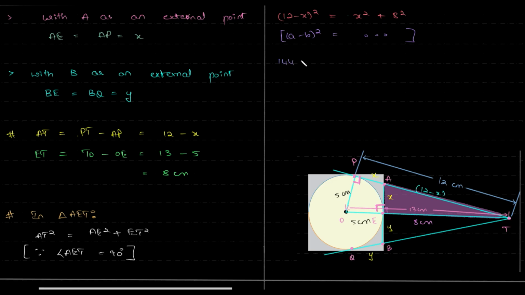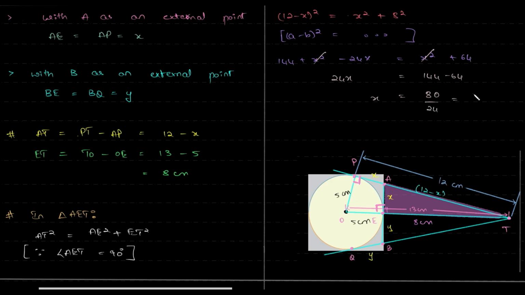This is 144 plus x square minus 24x is equal to x square plus 64. So we have x square getting cancelled, rearranging, and we have 24x is equal to 144 minus 64. So this says 80. Is that correct? Yes, this would be 80 itself.